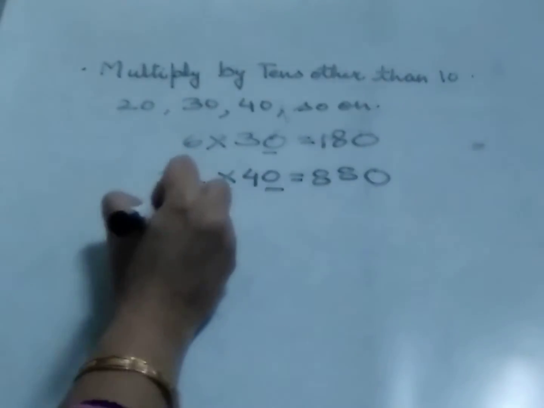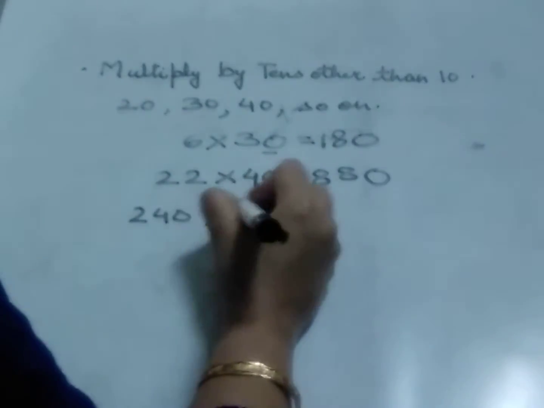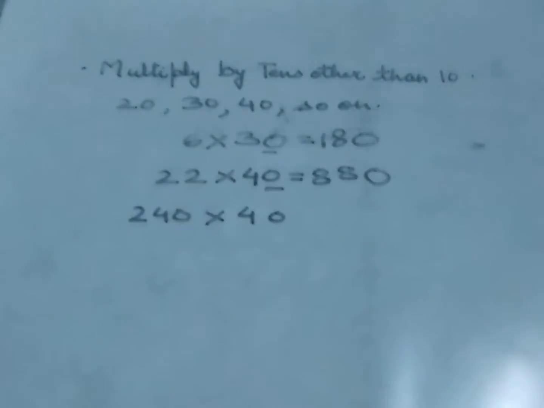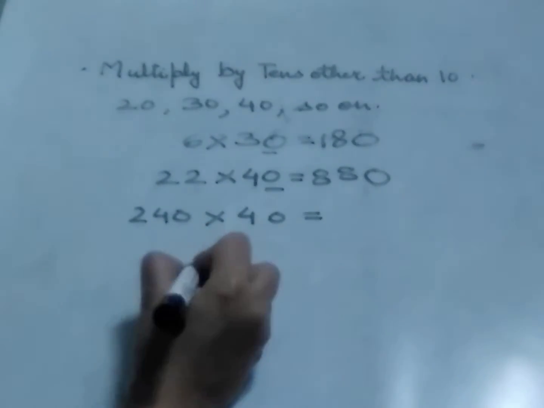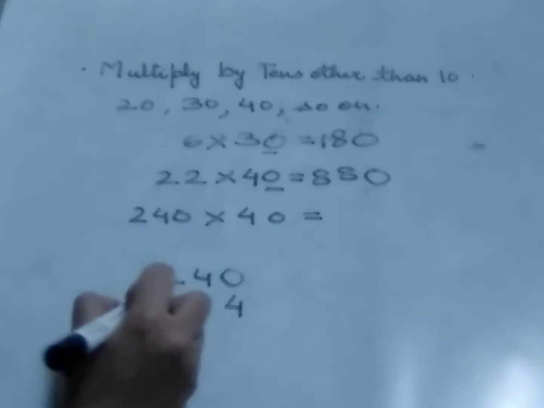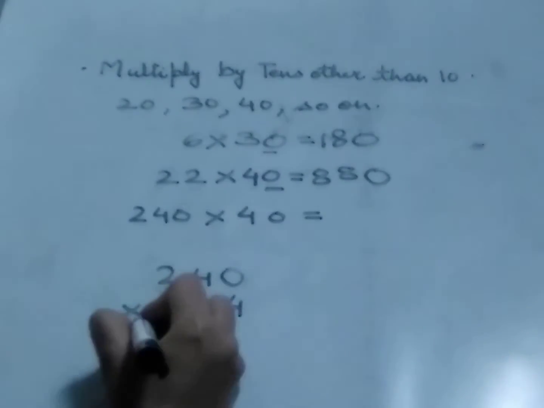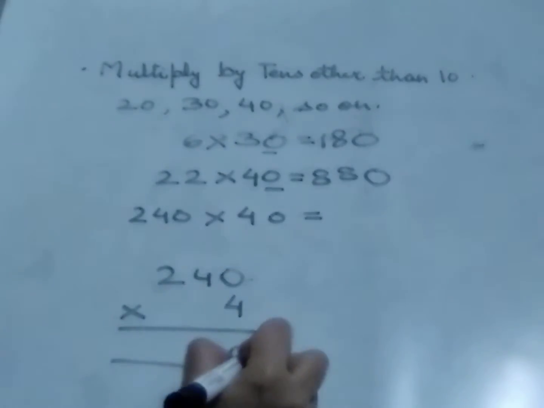Next number is 240 multiplied by 40. You can solve it here. 240. First multiply it with 4 without 0. That means 4 zeros are 0.